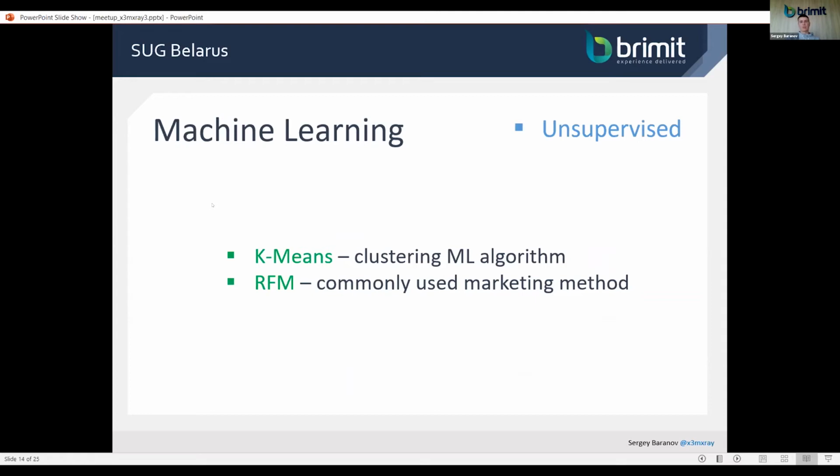With unsupervised machine learning, we can have a combination of two methods. First is k-means, it's a clustering algorithm of machine learning, and RFM, it's a commonly used marketing model for analyzing customer values. It's not machine learning, it's just a marketing method.